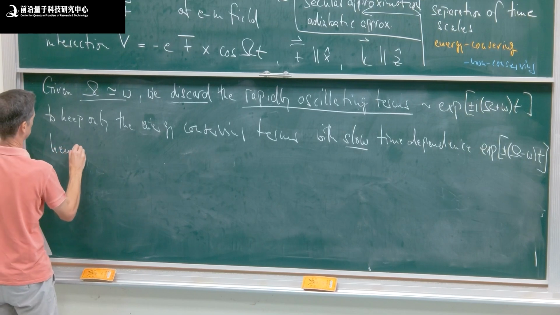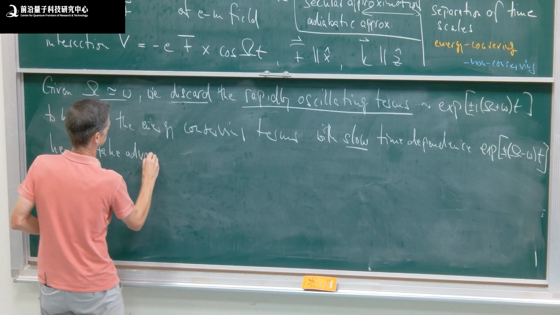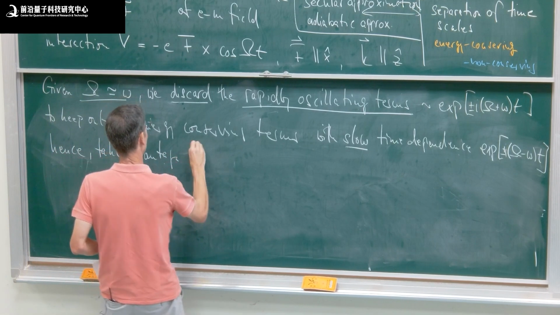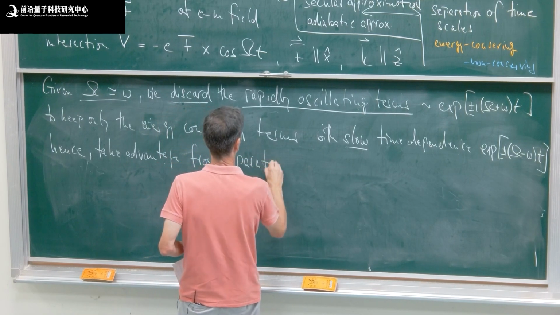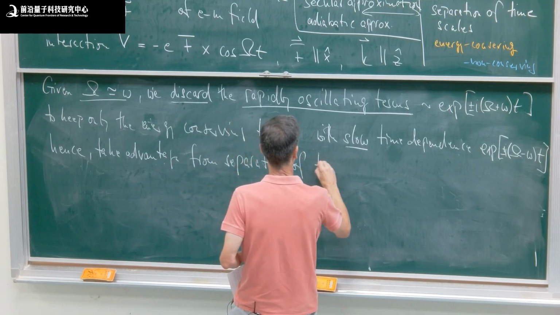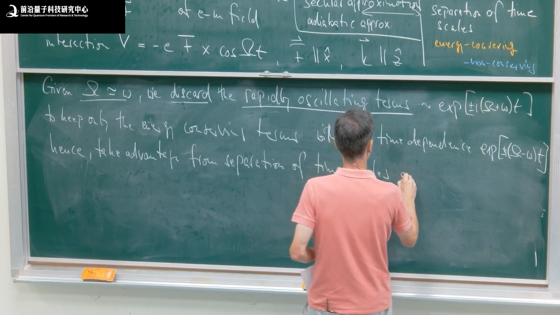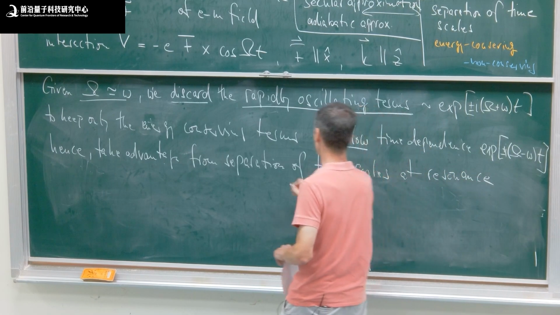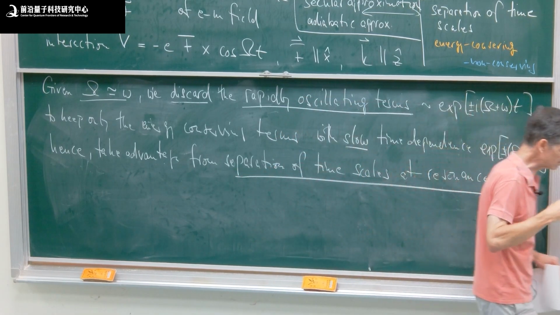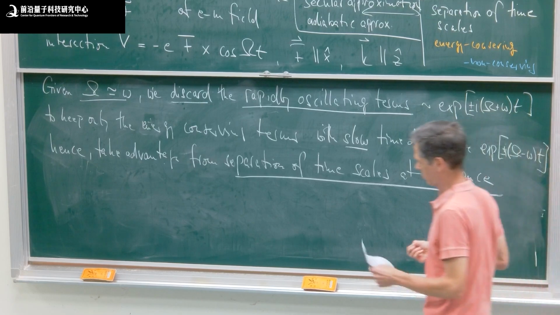Hence, take advantage of the separation of timescales at resonance. So this means that if you drive a system at resonance, you will find certain terms which are dominant because they evolve slowly in time, right?